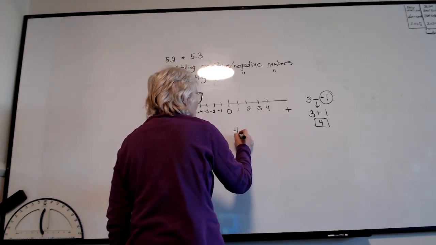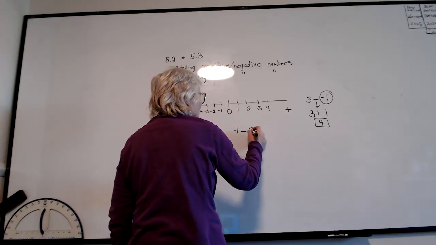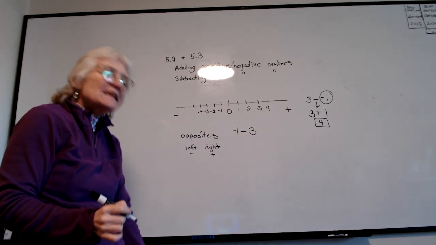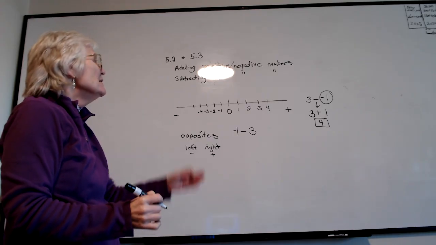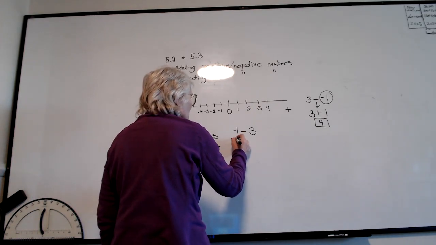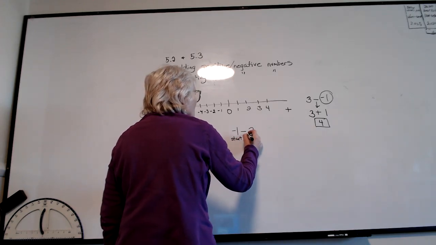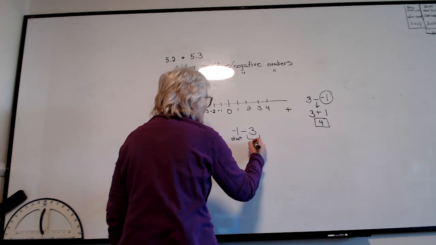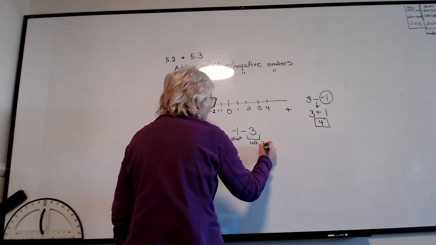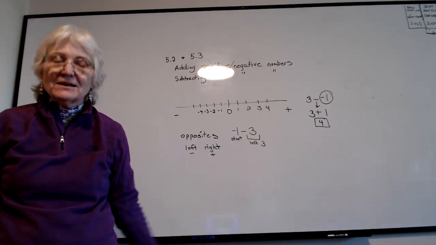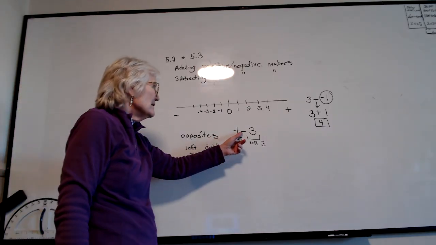Okay, let's start with a different one. Let's say we are at -1 and we are subtracting 3. Okay, again, this is really not as hard as you start at -1. Because there's only one negative, you're going to the left 3. Don't worry about changing it to adding the opposite. Just look at that as a negative 3.